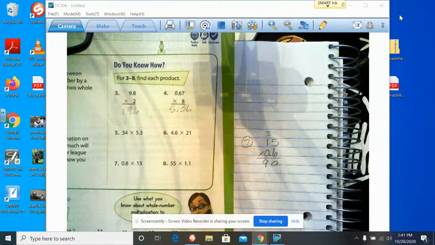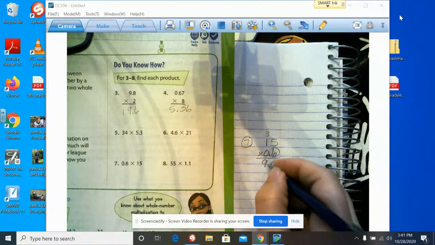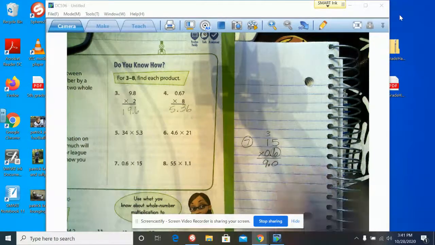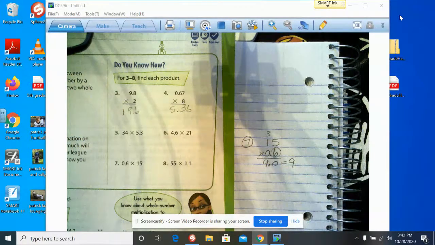There's really no reason to even do that second zero, except if I needed decimal places, which I'm not going to. So I'm going to leave it as is. There's one decimal place in the problem, and so there's one decimal place in the answer, and that could be 9.0 or just plain old 9.